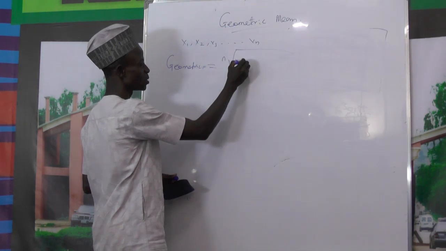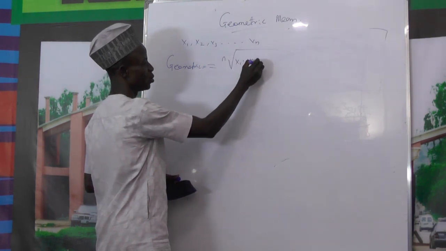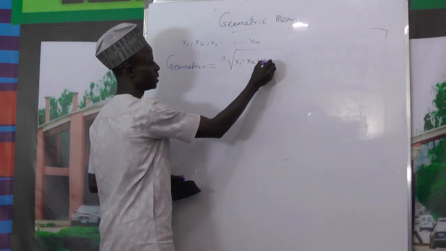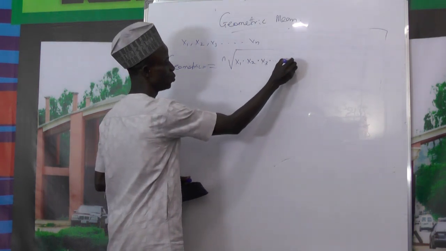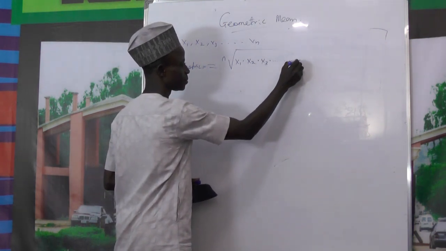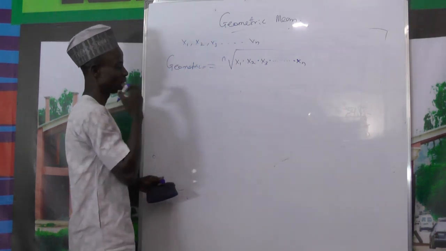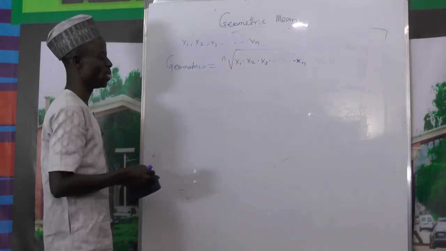So x1 multiplied by x2 multiplied by x3 multiplied by up to xn. That is when we are talking about the geometric mean.